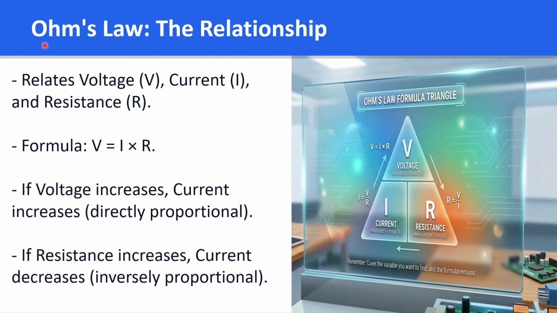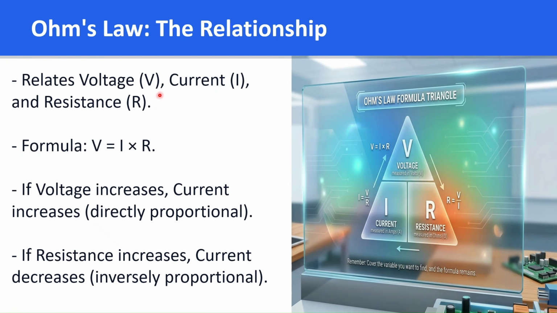Now let's talk about Ohm's law, the relationship. Did you know that the word Ohm comes from the last name of the scientist George Ohm? George Ohm discovered a fundamental relationship. If you increase the push, the voltage, the flow, which is the current, increases.